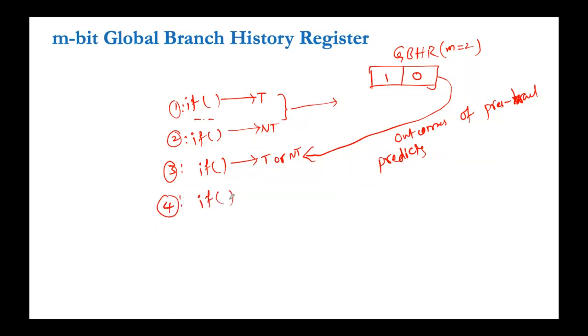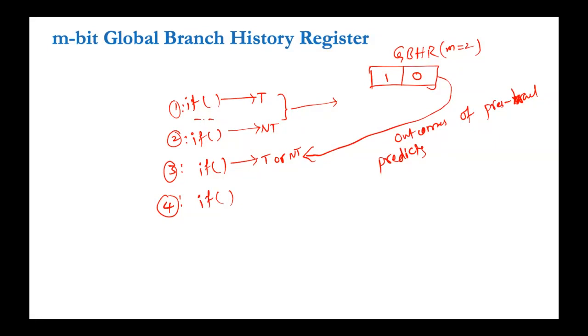Now suppose I have the fourth branch. To predict whether the fourth branch will be taken or not taken, which previous branch history will be used?